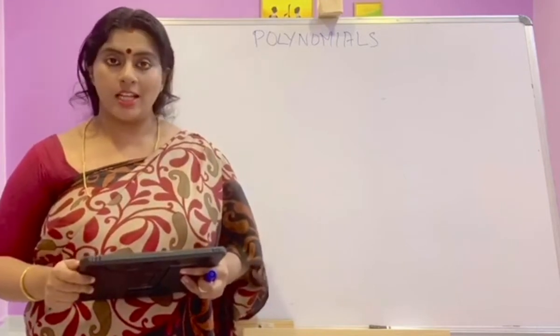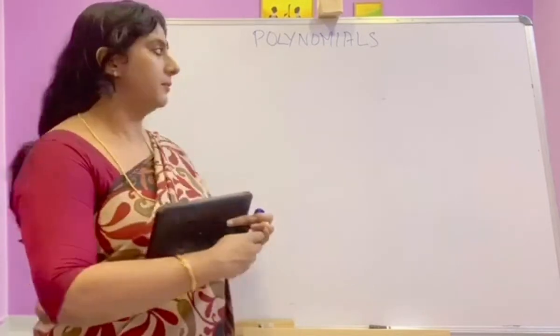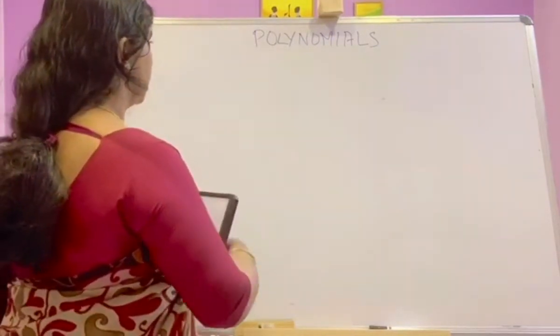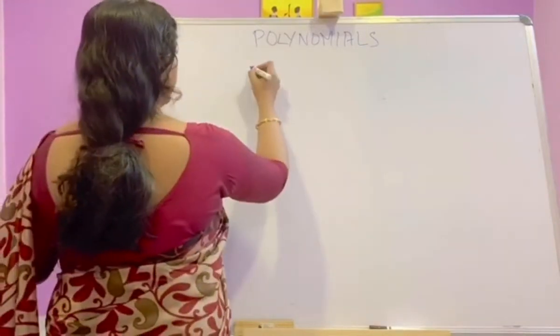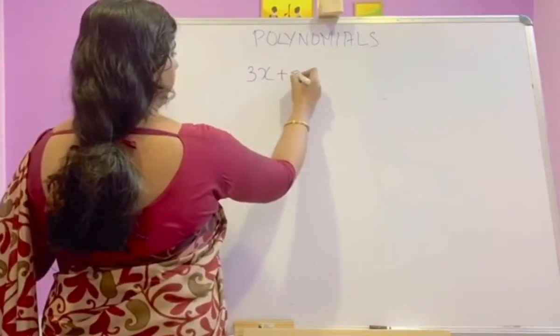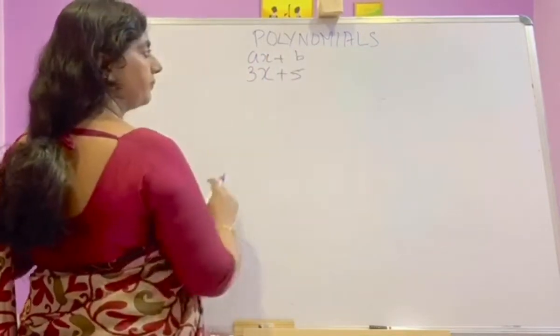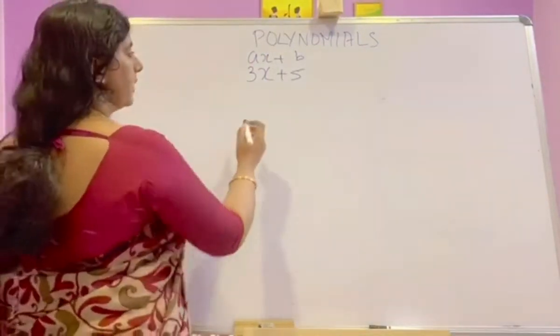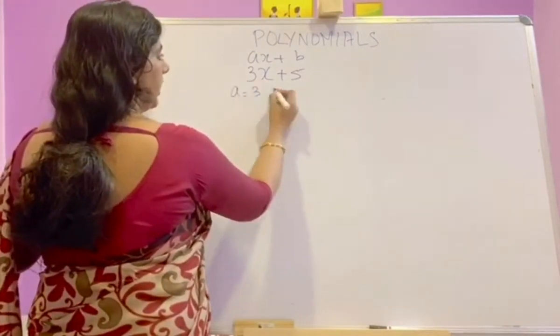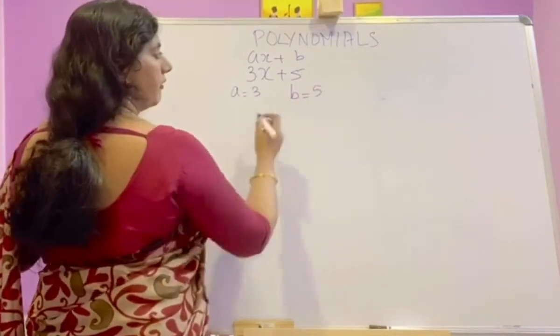So let us check from a linear polynomial. Let a linear polynomial be 3x plus 5, because the general form is ax plus b. Here a is equal to 3, b is equal to 5.